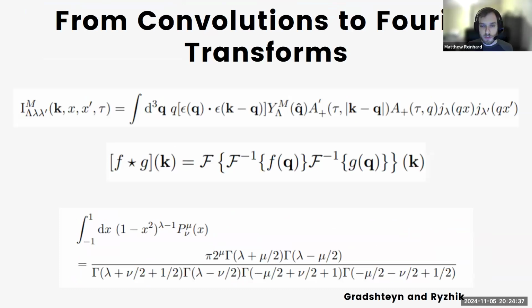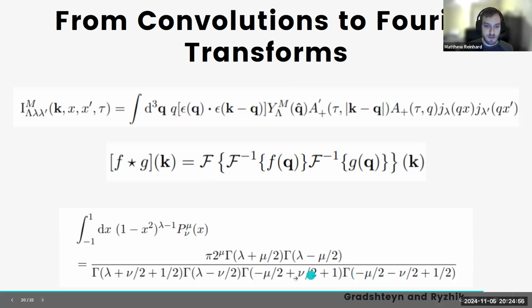And these integrals are actually convolutions. So we can use the convolution theorem on this integral to turn this into a problem of computing Fourier transforms. And it turns out that the angular parts of these Fourier transforms can all be computed analytically using this nice formula from Gradstein and Ryzhik.